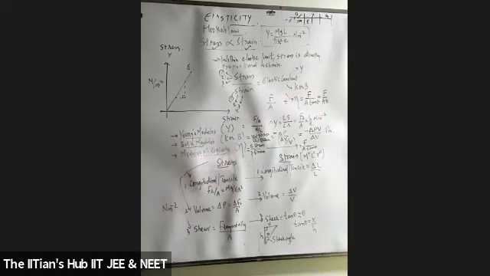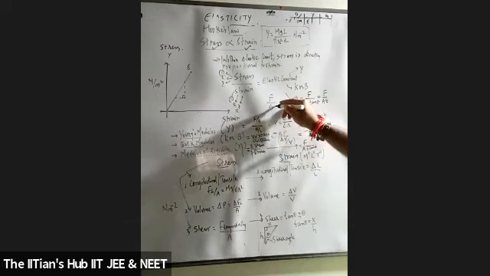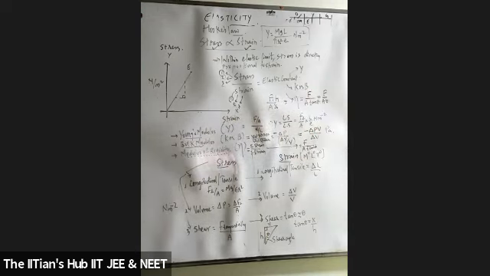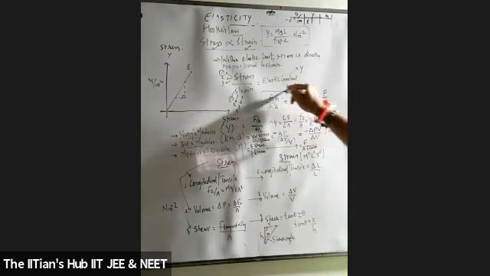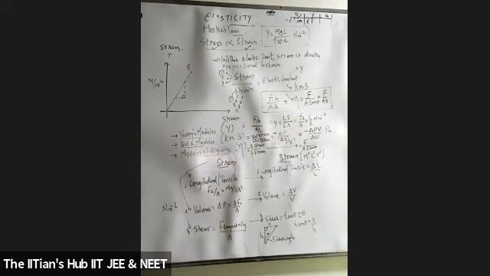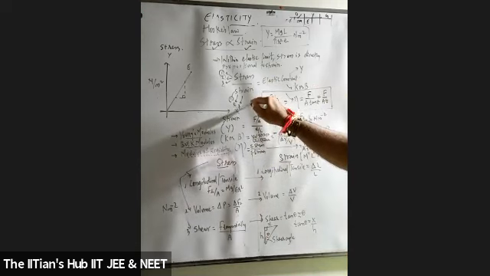What is tan theta, students? X by H. So can I put this as X by H? Is this the formula for modulus of rigidity? And what is the unit? Newton per meter square.